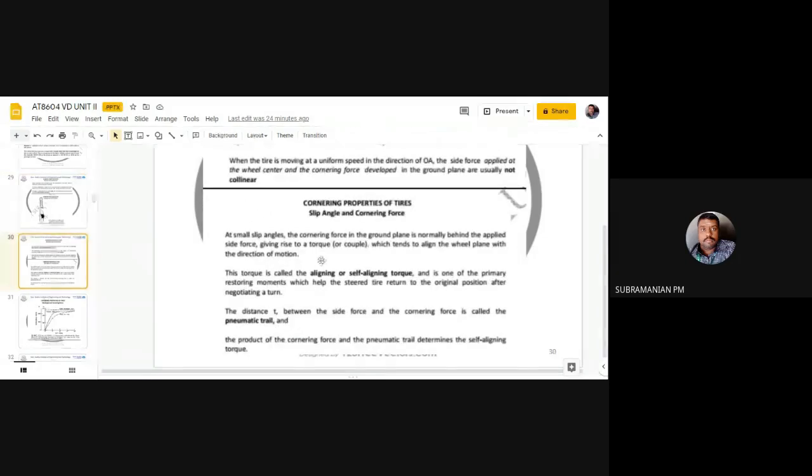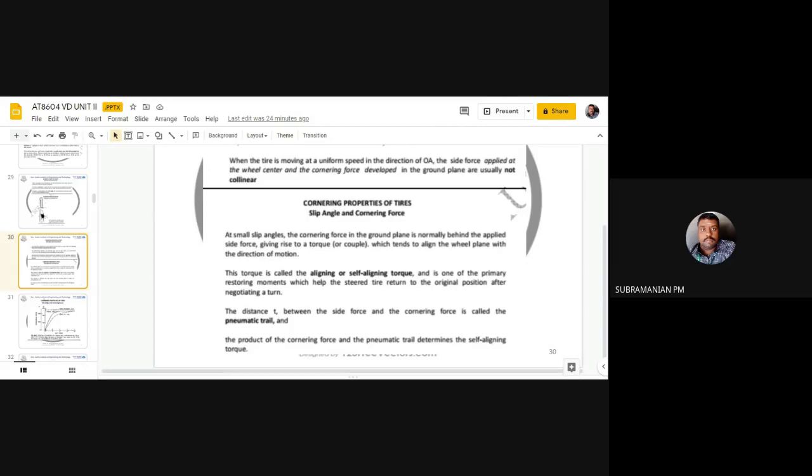You have to remember this. The moment which assists the tire to come to the original position is called aligning torque or self-aligning torque. And why is it coming? Due to the lateral elasticity of the tire, due to the cornering property of the tire. Otherwise, you can say due to the cornering force acting at the contact between tire and ground.